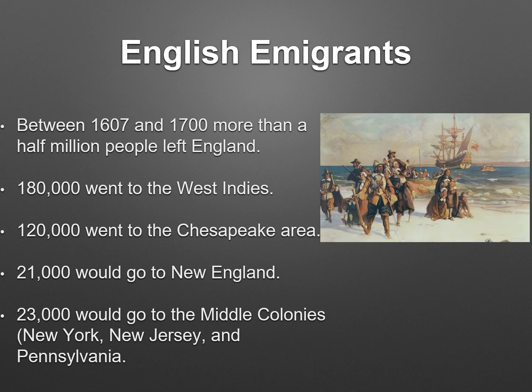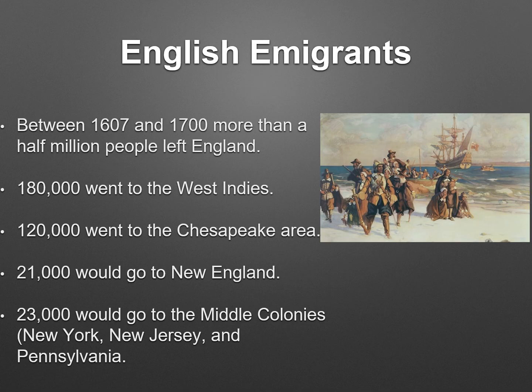Between 1607 and 1700, we'll see 500,000 people leave England going somewhere. 180,000 are going to go to the West Indies. 120,000 are going to go to the Chesapeake area, but we'll think Virginia in this concept.